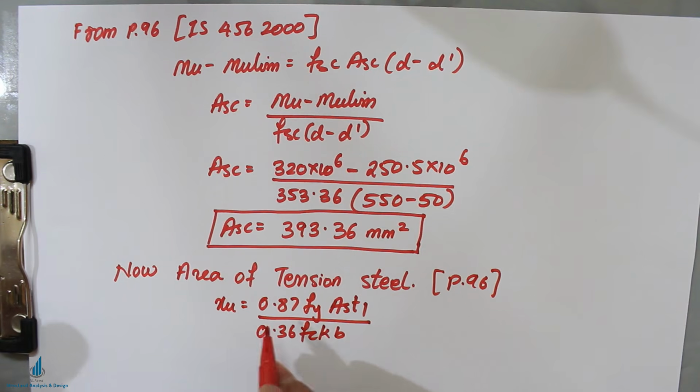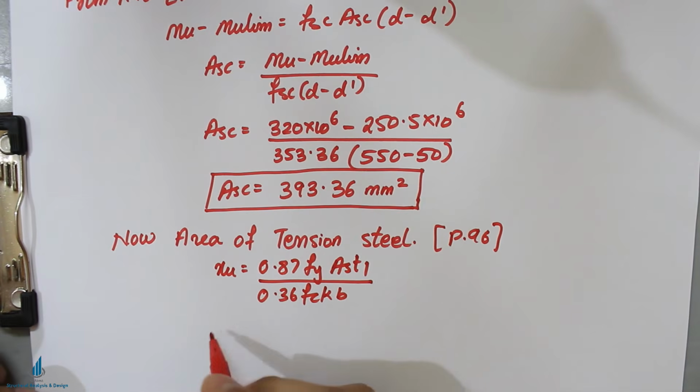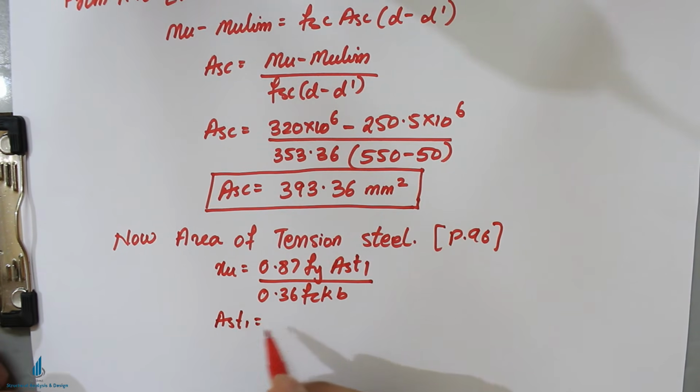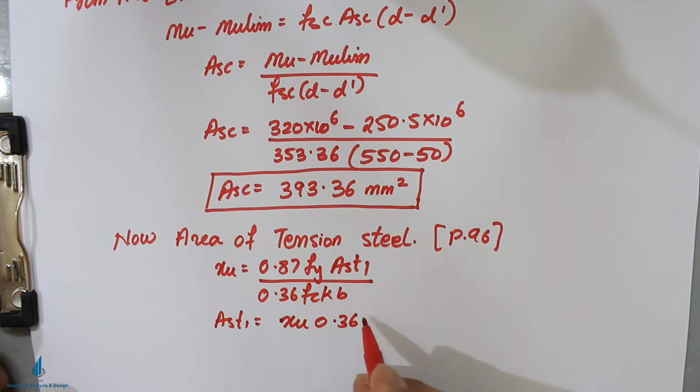Xu is known, 264, so you can transfer all these things to this side. So Ast1 equals Xu times 0.36 fck b divided by 0.87 fy.